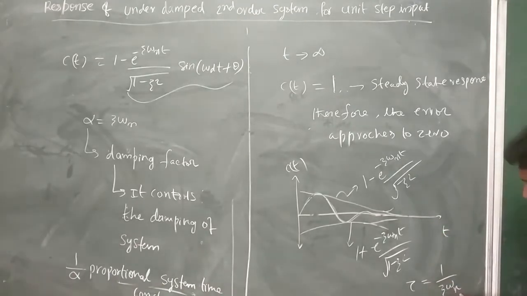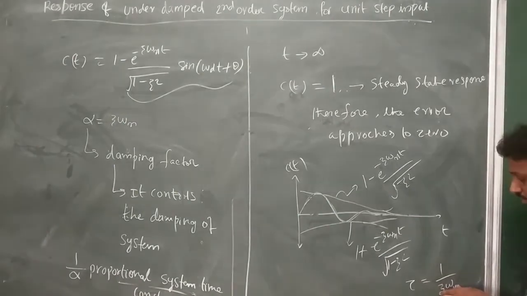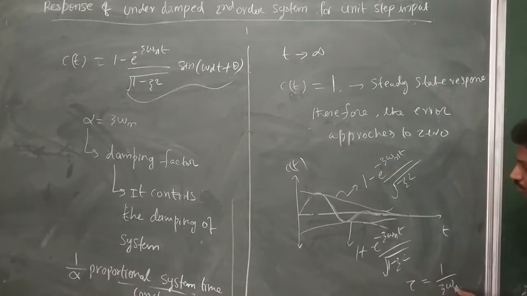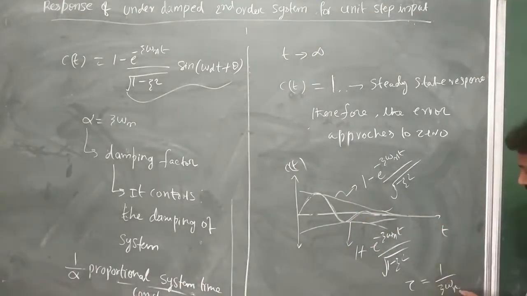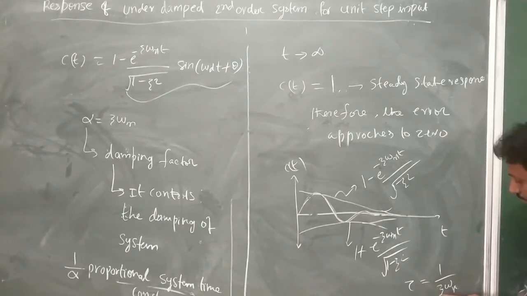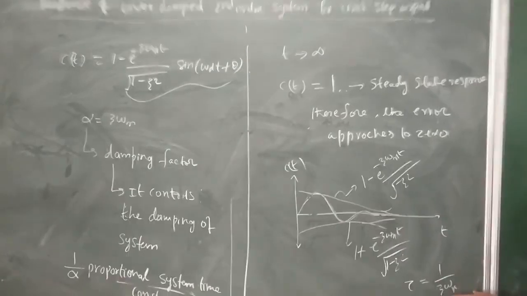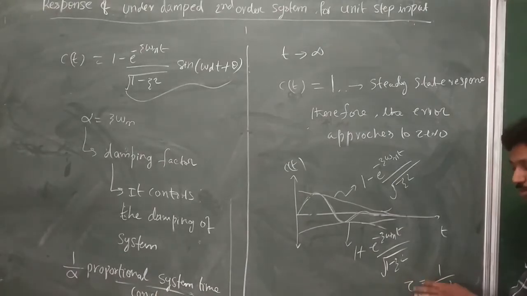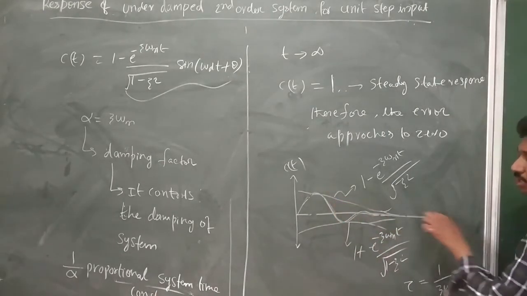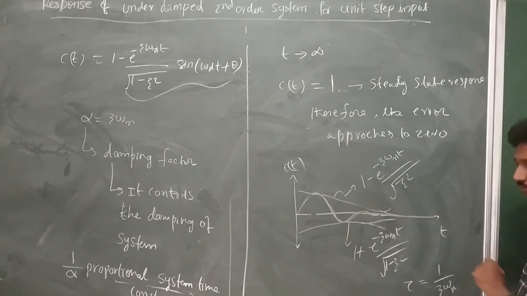So it means the product of zeta and omega n must be high, so that this time constant will be low, so that the system will have a faster response. If the product of damping ratio and omega n is small, then this time constant will be high, so the response of the system will be very slow.